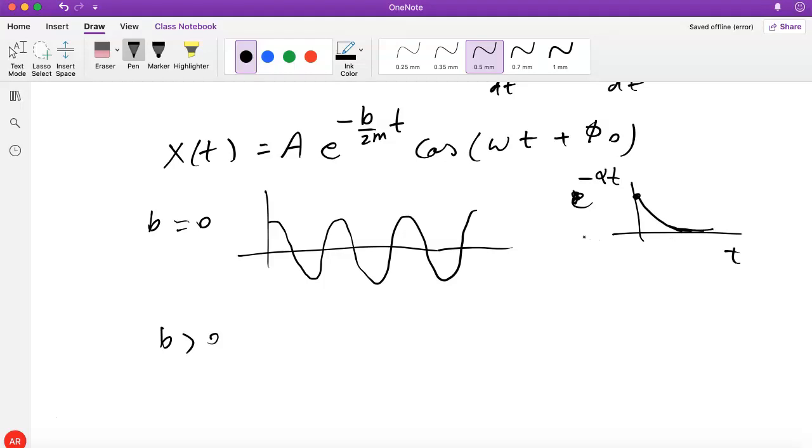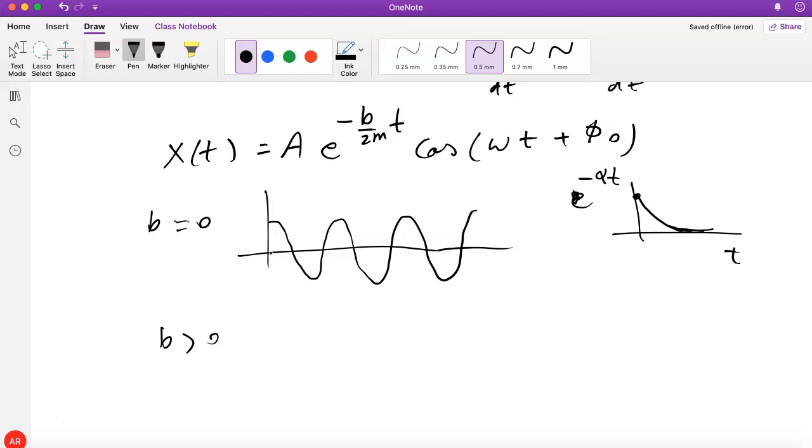Every time you add a time 1 over alpha, let's say, it's like you divide your value by e, which is a number larger than 1. So it's really killing off that curve quickly.